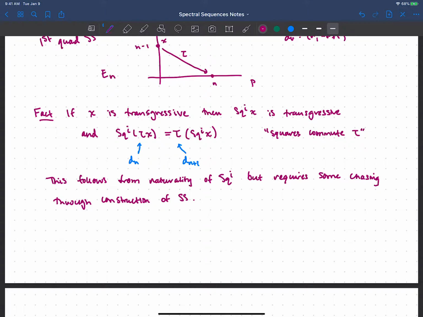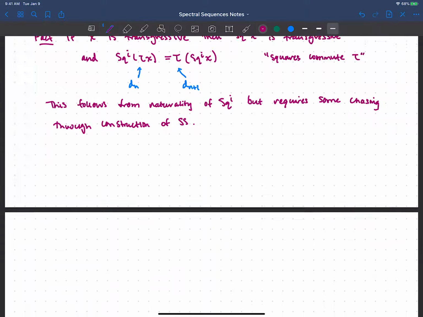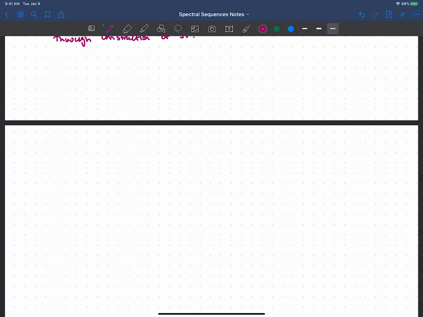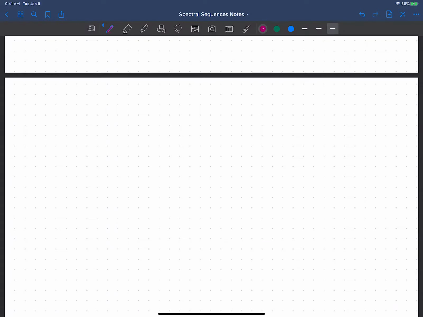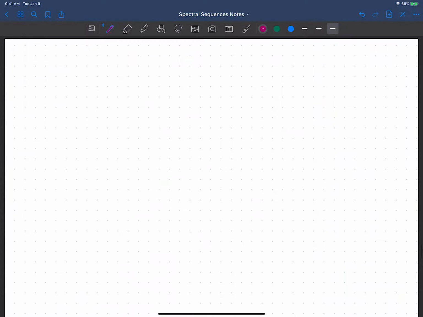Okay, so what are we going to do here then? I'm going to run out of room on that page, so let me put it here. The claim we're making is that if we wanted to look at the cohomology of some Eilenberg-MacLane space, K(Z/2, n), in mod 2 coefficients, we actually have a pretty good sense of what it looks like.